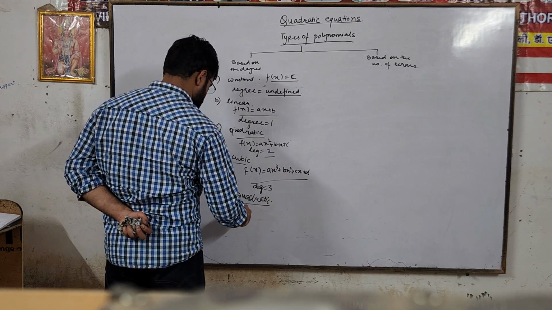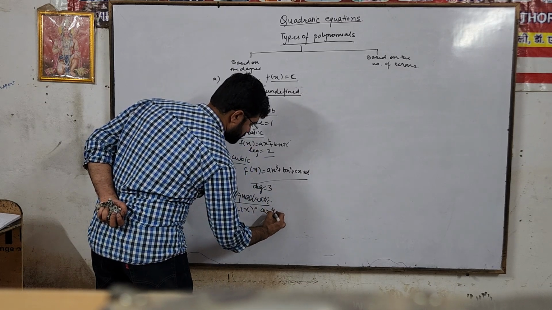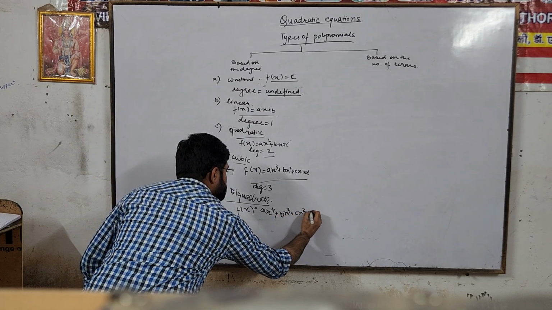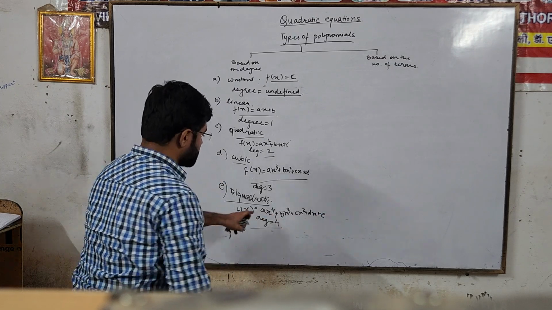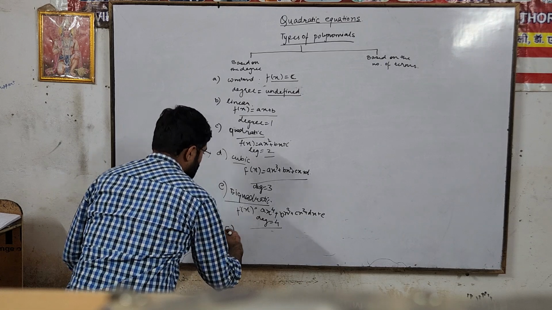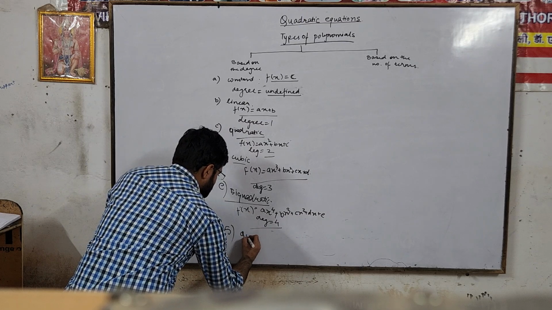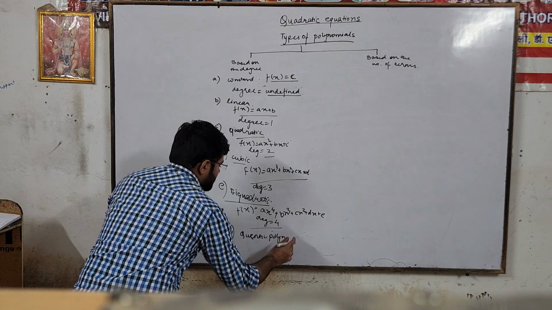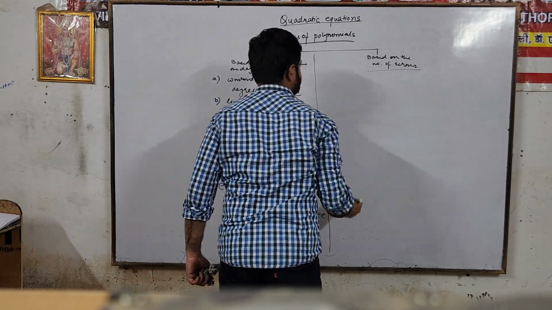In the case of biquadratic, you have f of x is equal to ax raised to the power 4 plus bx cube plus cx square plus dx plus e, and here the degree will be equal to 4 because the highest power in this entire expression is 4. Although this won't be needed much, you should know that when the degree is equal to 5, it is known as a quintic polynomial. Fine. This is more than enough for this.